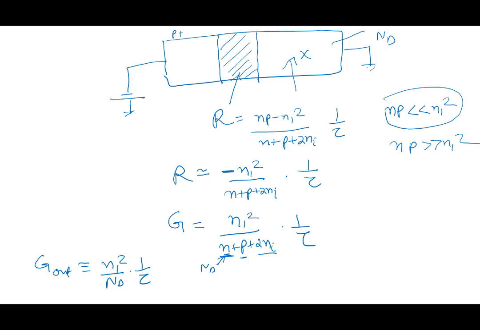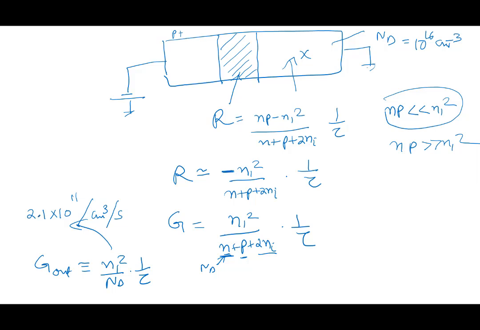I'll give you some numbers so that we'll see the signal. If I take Nd equal to 10 power 16, the generation rate outside turns out to be 2.1 into 10 to the power 11 per centimeter cube per second.